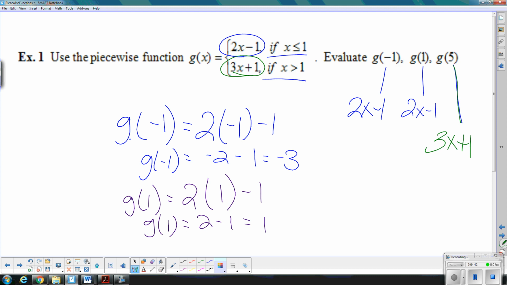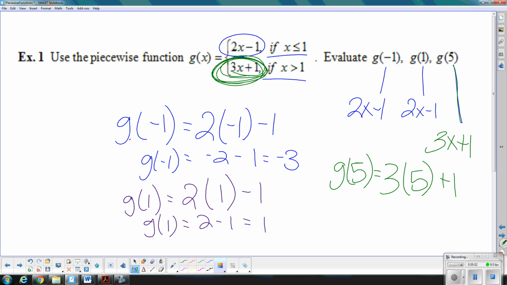And then the last one, since 5 is greater than 1, we're going to use g of 5, equals 3 times 5, 3x plus 1. And again, that's this function here, we're using this because our x is greater than 1.